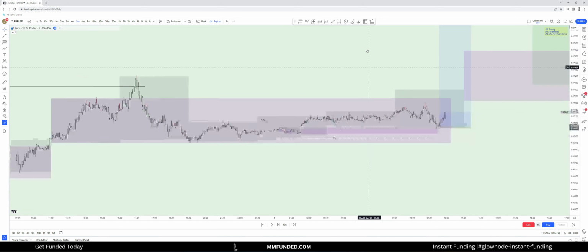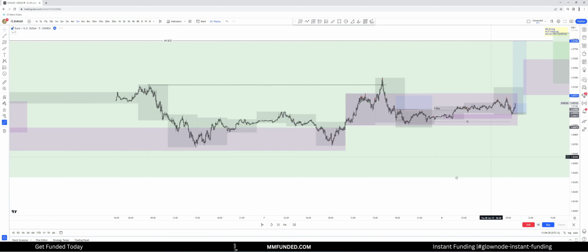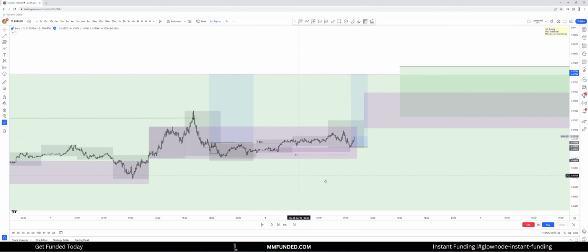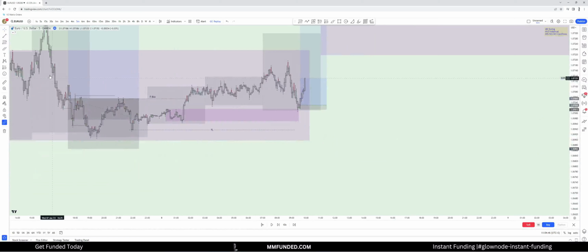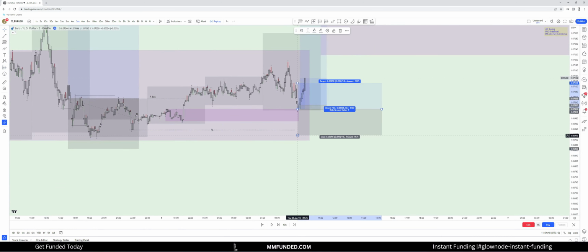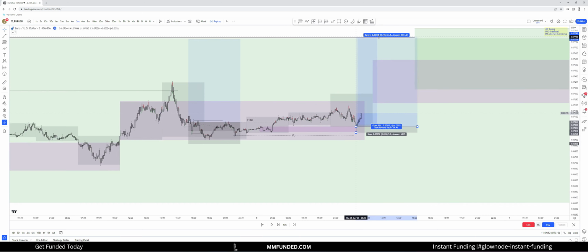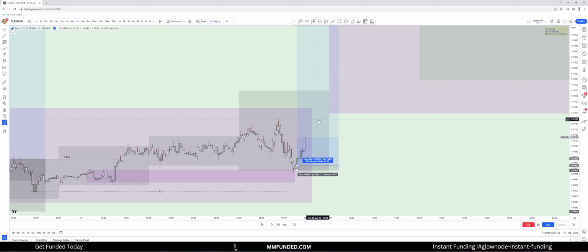So now you've gone from, let's say, a 50% entry on this, just a risk entry on the overall previous box at the 50%, from a 1 to 3 risk to reward, to a 1 to 15 risk to reward, all the way down to a 1 to 44 risk to reward with a triple M confirmation.